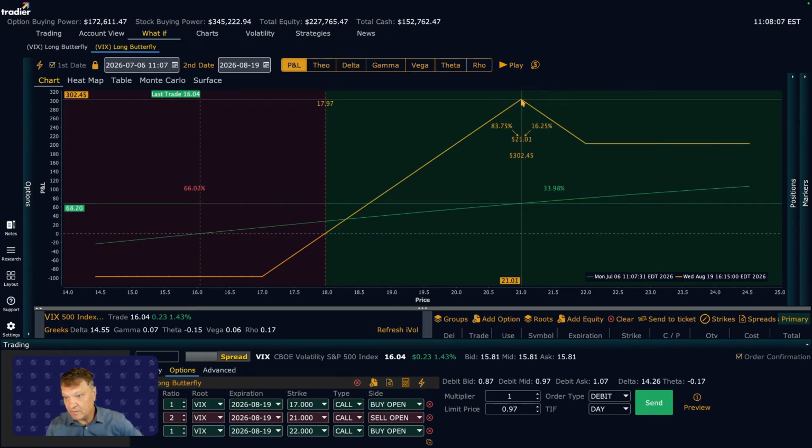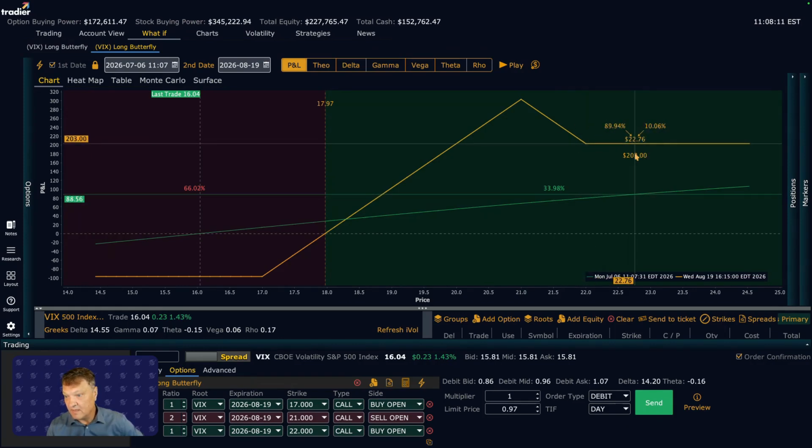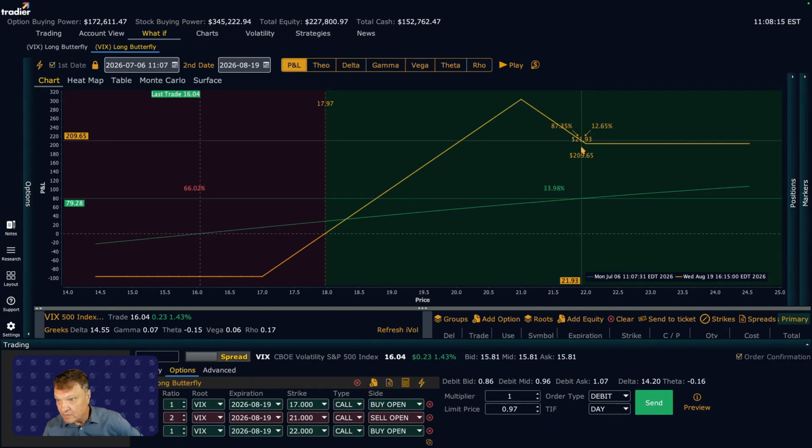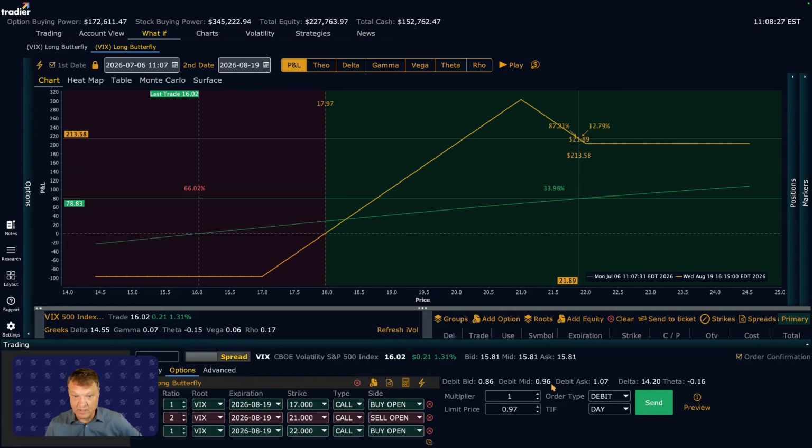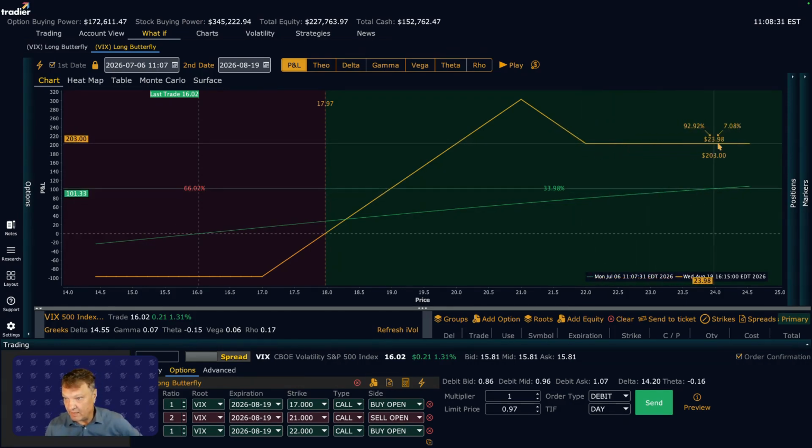20, 21, 22. Okay, gosh, we can still get that done. I guess 23 would have been 2 points wide. So this is going to trade for, able to make $200 on a $100 investment from 22 on up.